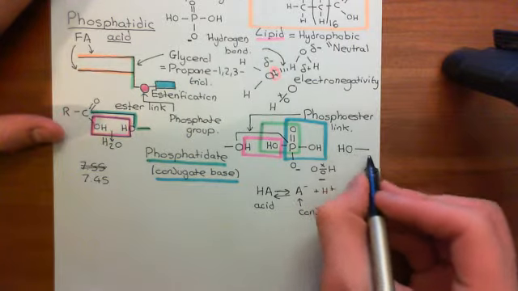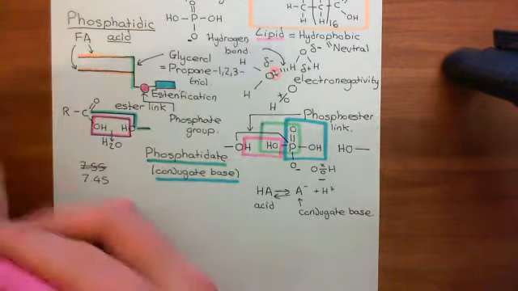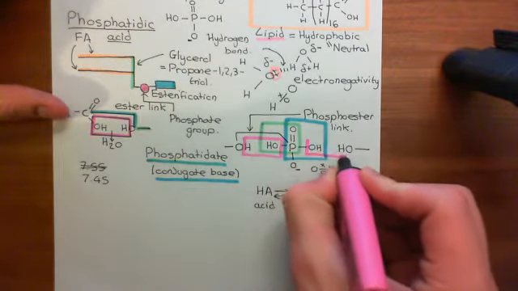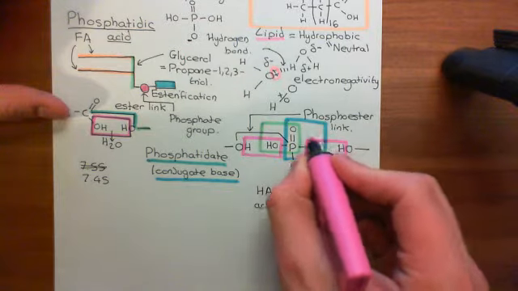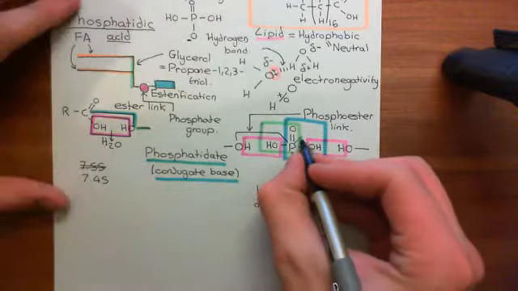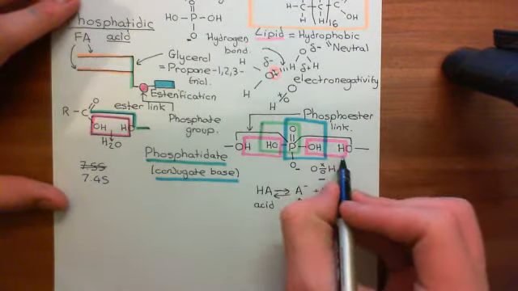So you can bring along some molecule that has an alcohol group, and what you can do is remove the alcohol group from the phosphate group, remove the hydrogen from the alcohol group, and then bind this phosphorus atom to the oxygen atom of the alcohol group, again in a phosphoester link.